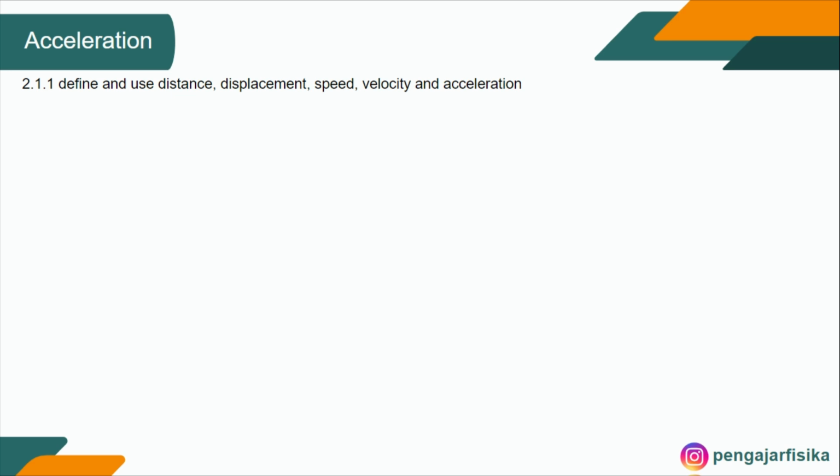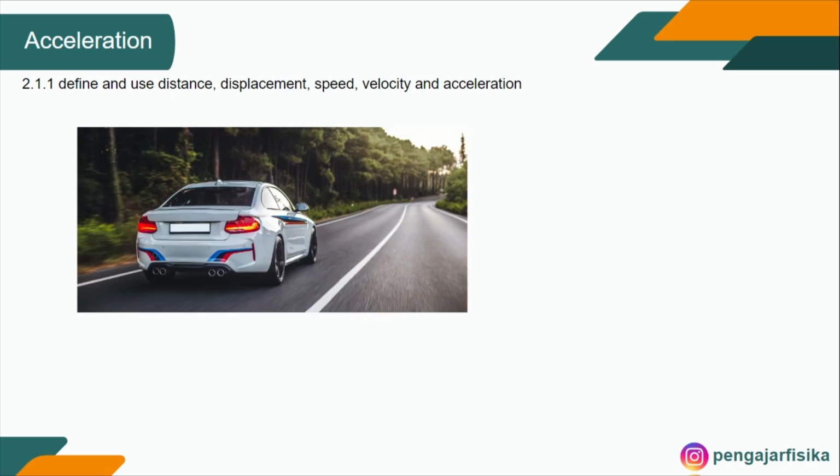Acceleration is our next concept. Imagine a car that starts from rest and begins to accelerate. Acceleration is defined as the rate of change of velocity with respect to time. It's a vector quantity, indicating both how quickly the speed changes and in what direction.